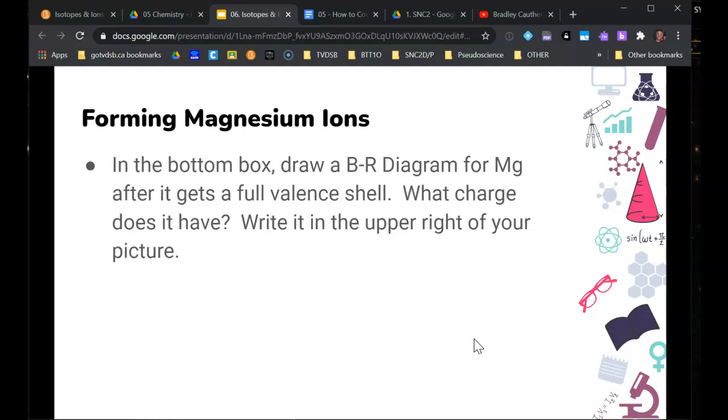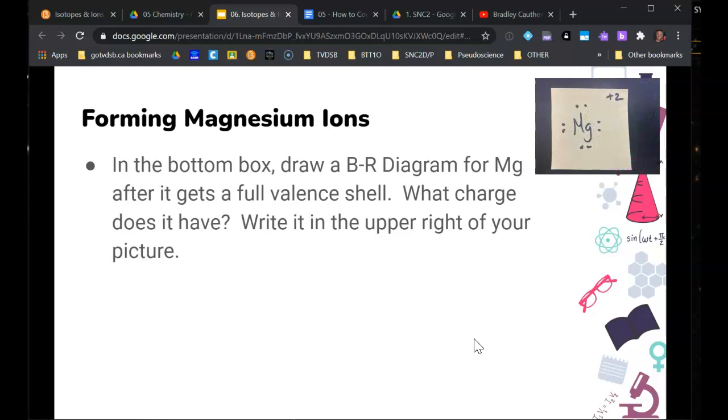So what is its charge now? 12 minus 10 leaves us with a charge of plus 2. It has a charge of positive 2 because it has 2 more protons than it has electrons. So now what we're going to draw in the top right corner is a plus 2.